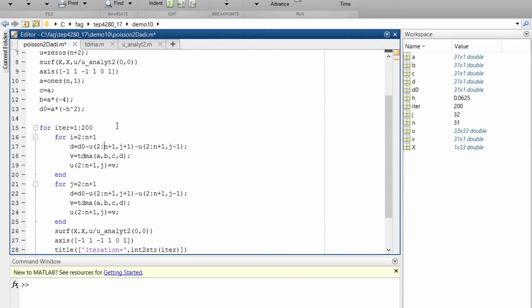This one should now read i plus 1, and then from 2 to n, like that. And also this one, i minus 1, and then all the j's. Just the right hand side has changed. Same solution, and then we update the line number i with the solution that we have just found.